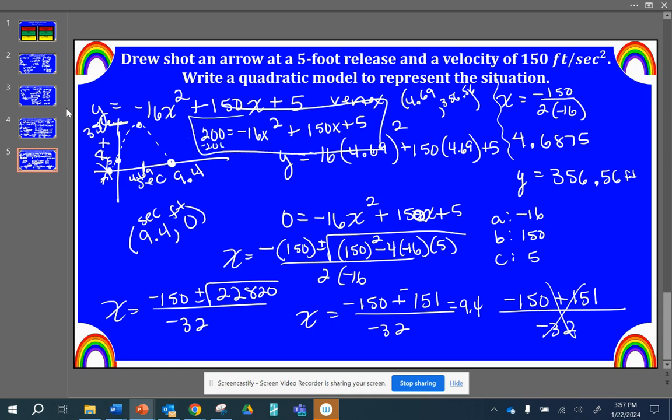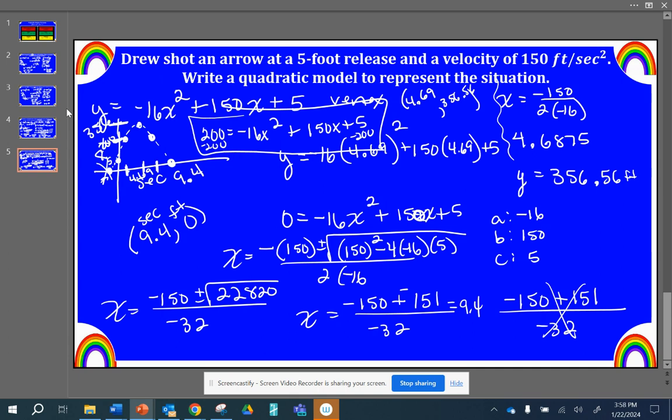So we would subtract 200, and our C value would be negative 150, and then you just go through the quadratic formula, but you would get two positive answers, because if this is 200 feet, the arrow is going to be at 200 as it's going up, and then when it comes down, it will be at 200 feet again. So I would have two positive x values.